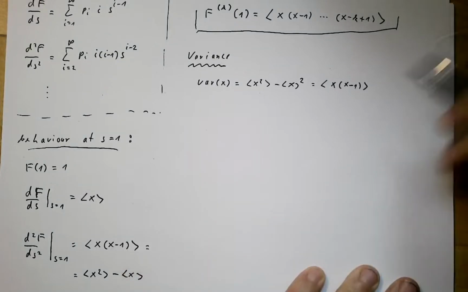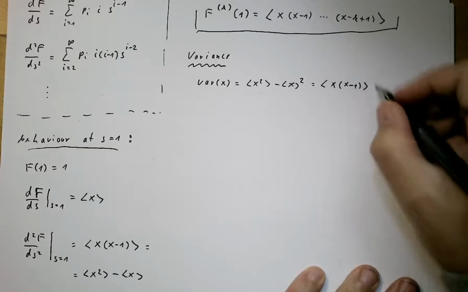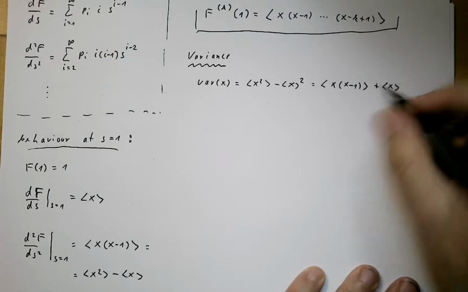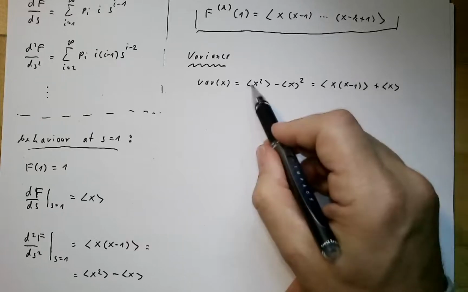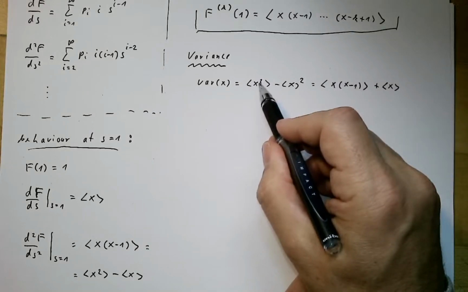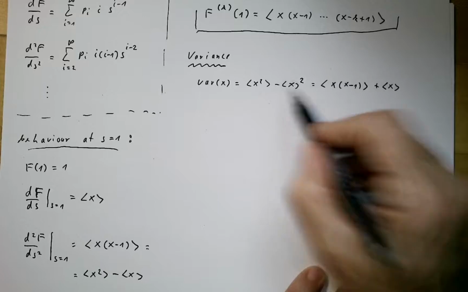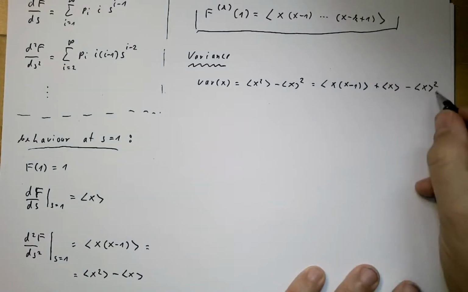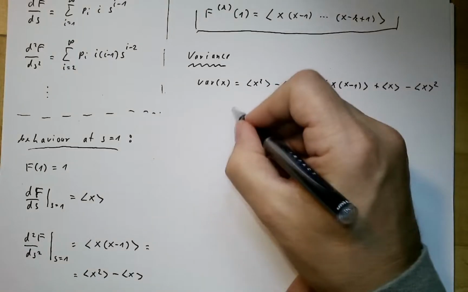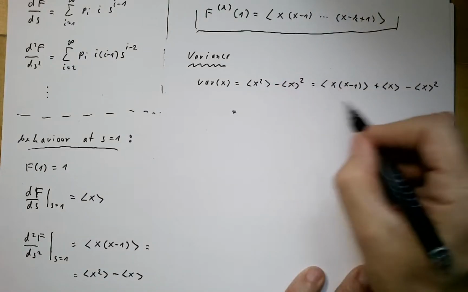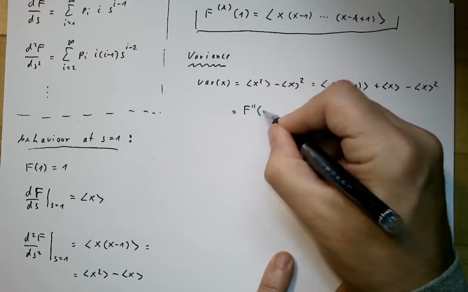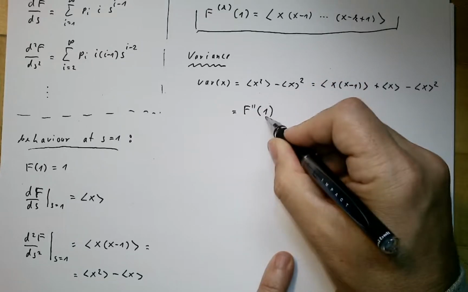But then what we have subtracted here, we have to add again, so we have to add the expectation value of x. So this is really the expectation value of x squared, and then we still have to subtract the expectation value of x, squared. And this first term is the second derivative of our generating function at position 1.